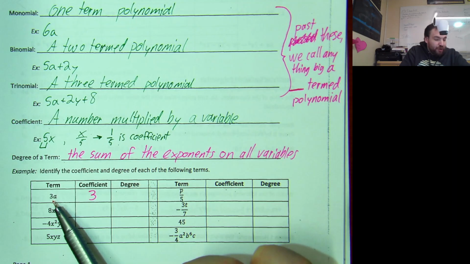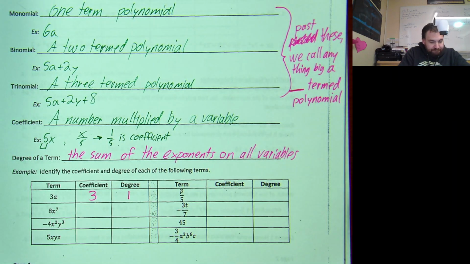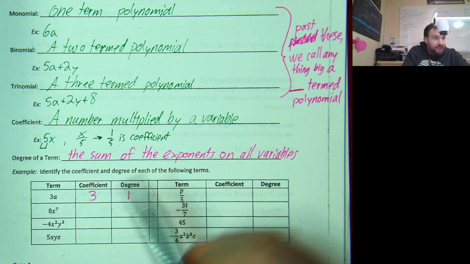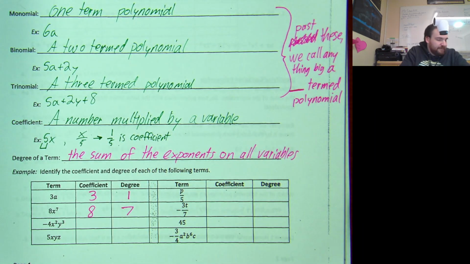So this term has a degree of 1. This next guy here, 8x to the 7, the coefficient is 8 and the degree is going to be? Cool, nice and easy.